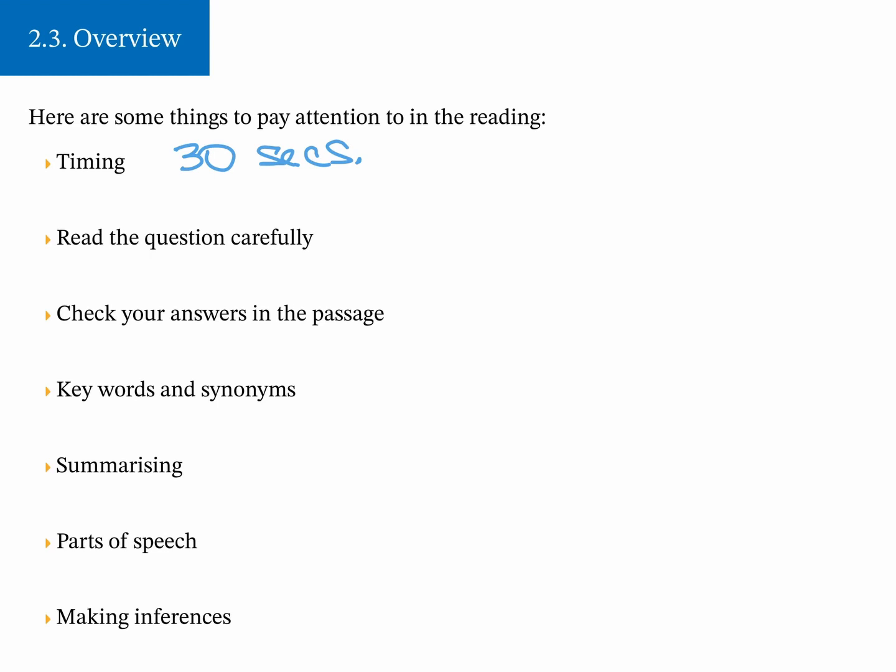So you would like to time yourself doing today's homework for around about 15 minutes because we've already answered some of the questions in the session. This is giving you about 30 seconds per question and 5 minutes to read. So this is the speed at which you want to be going.